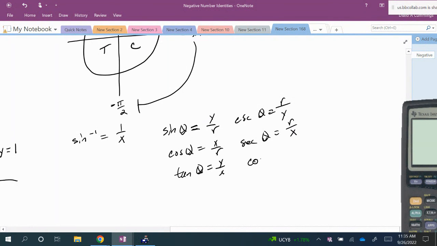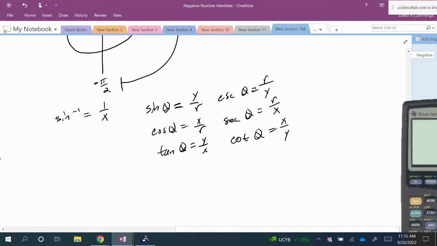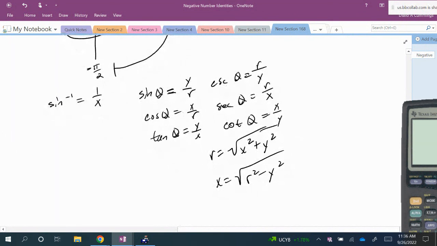And the reciprocal of tangent is cotangent, and that's x over y. And we also had the Pythagorean Theorem. r is equal to the square root of x squared plus y squared. x is equal to the square root of r squared minus y squared. And y is equal to the square root of r squared minus x squared.